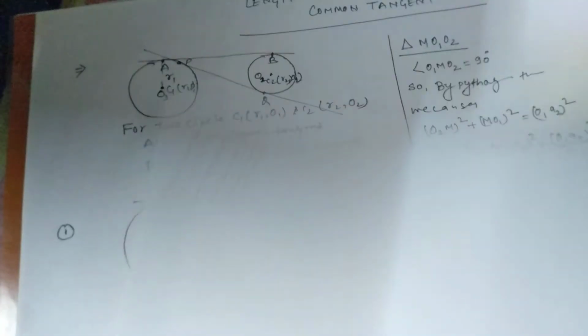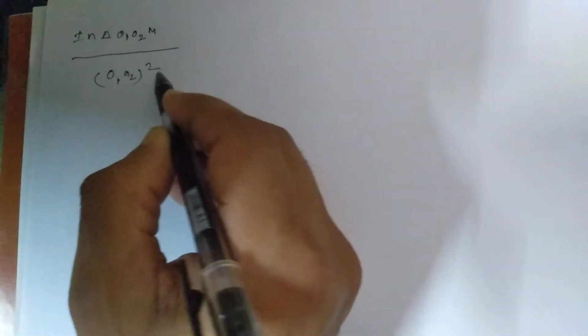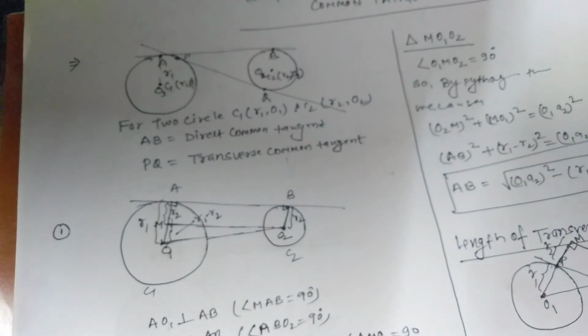So in triangle O1O2M, right? O1O2 square is equal to O1M square plus MO2 square.